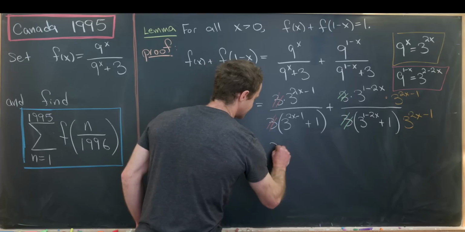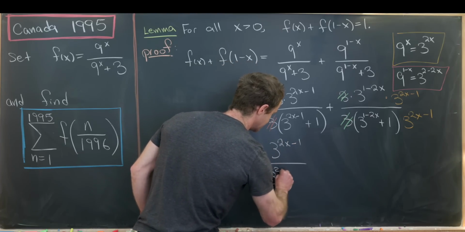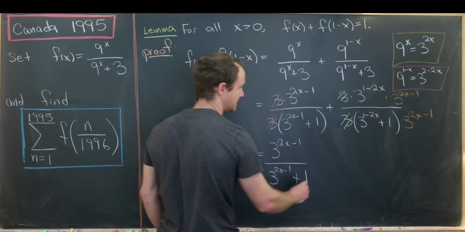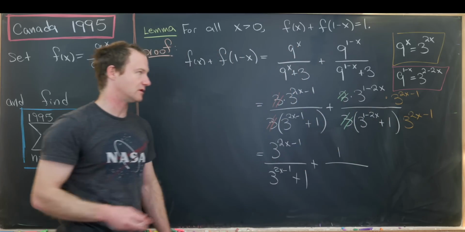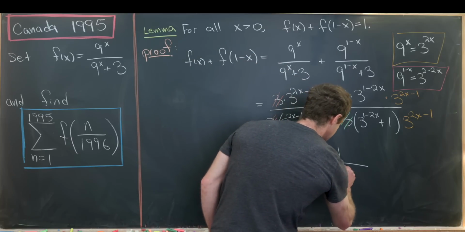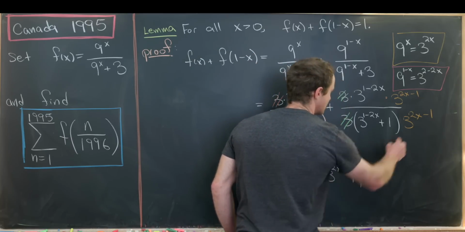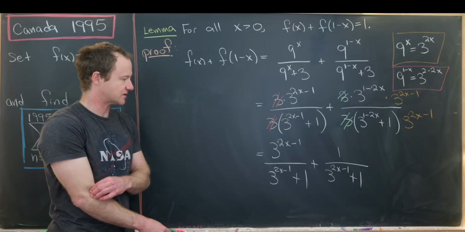So this first one just comes down. We have 3 to the 2x minus 1 over 3 to the 2x minus 1 plus 1. And now we'll have 1, because we're multiplying by the reciprocal of 3 to the 1 minus 2x, over 3 to the 2x minus 1 plus 1, where I've distributed that through and then changed the order of our summation.